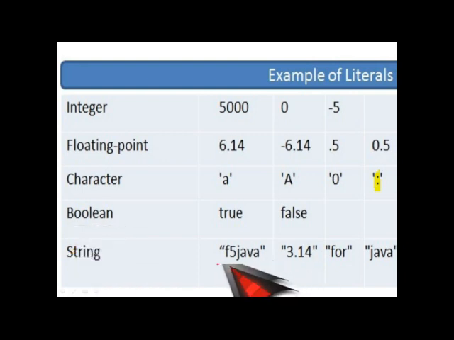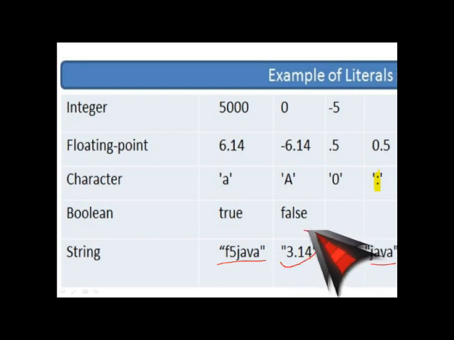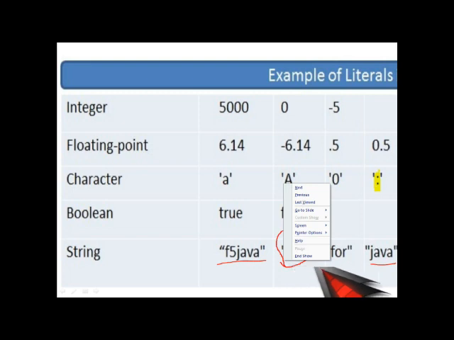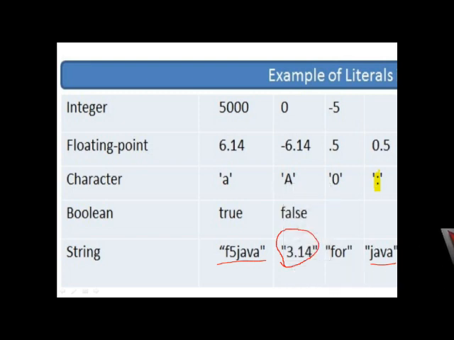Alphanumeric characters means, in the first example, values like F5 Java. Numeric values are there, and letters are also there. Java is a complete, all-letter word. Even sometimes we can consider a number to be a string.